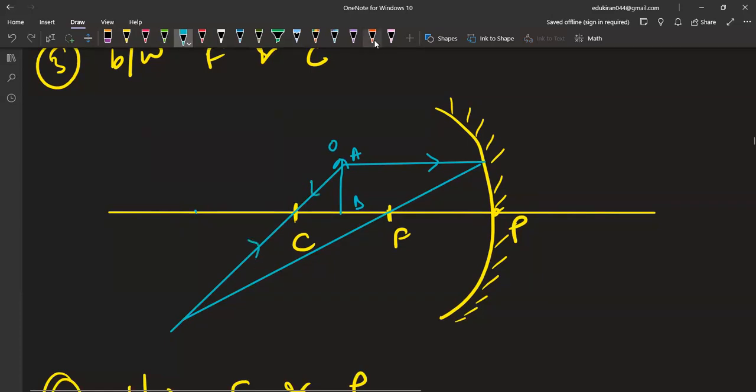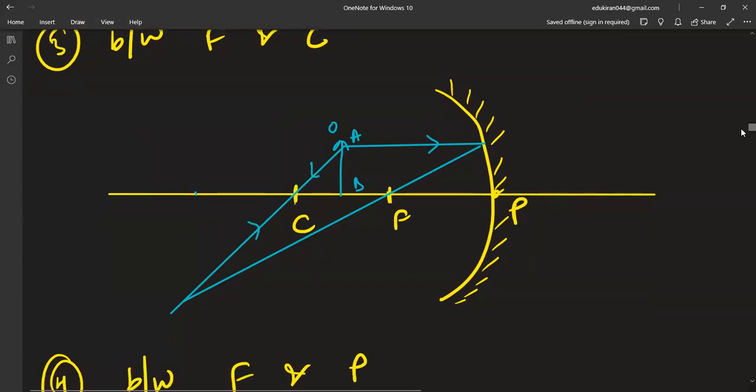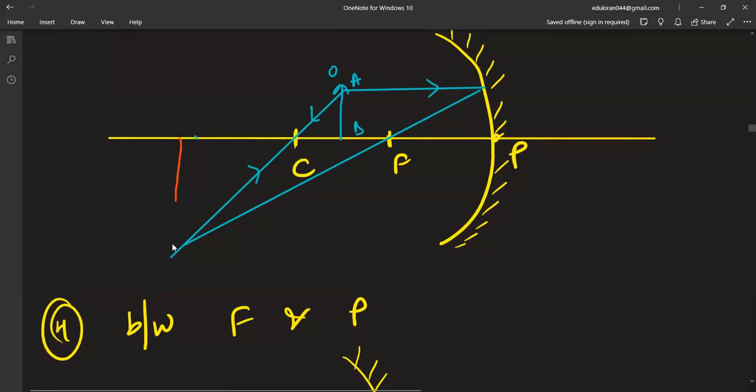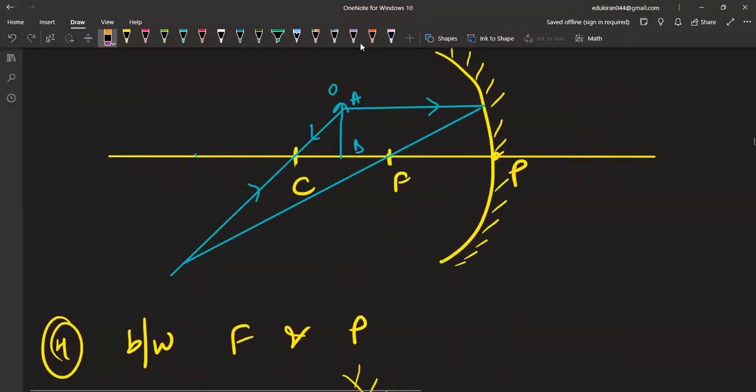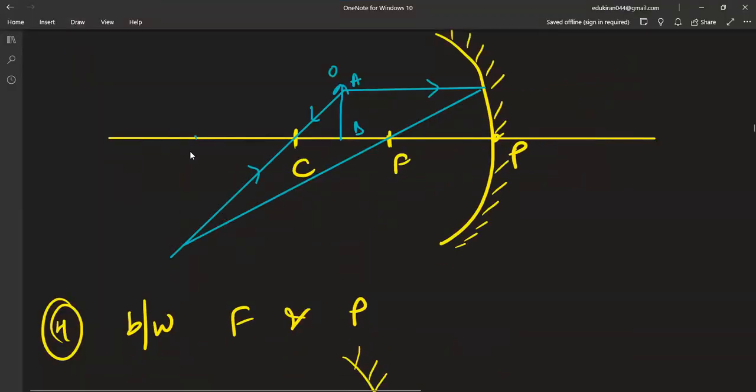It will retrace its path. Now see, the intersection has occurred here. This is A dash, B dash, which is the image.